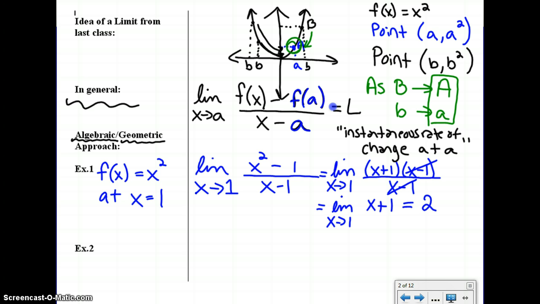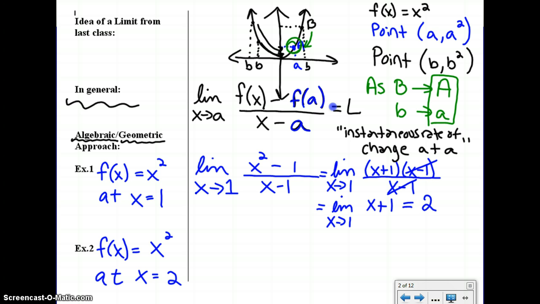For the second example, I'd like you guys to try this method. Well, let's try a different one. Go ahead and try this one for now. f of x equals x squared again. This time, we're going to do when x is equal to 2.